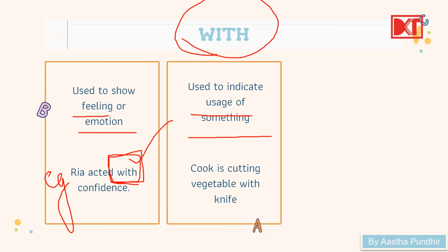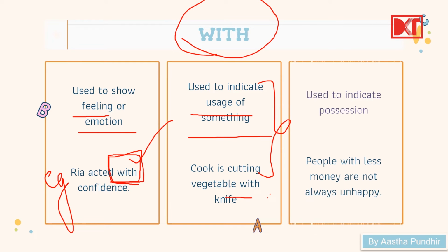Cook is cutting vegetables with a knife. So the knife is being used to cut the vegetables by the cook. So, usage. Next could be to indicate possession. People with less money are not always unhappy. So the people who possess less money, here we are indicating possession.